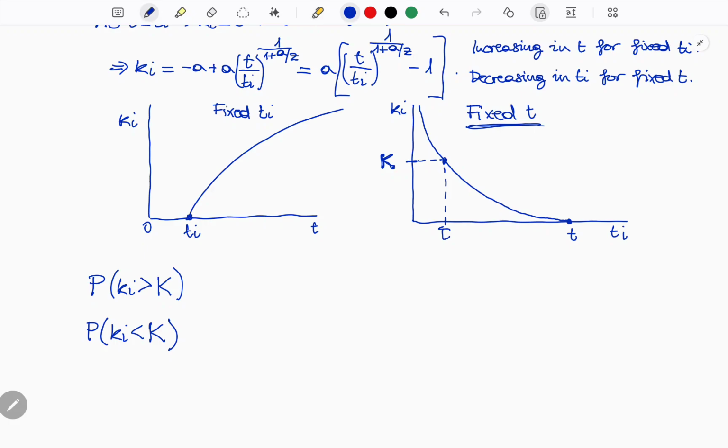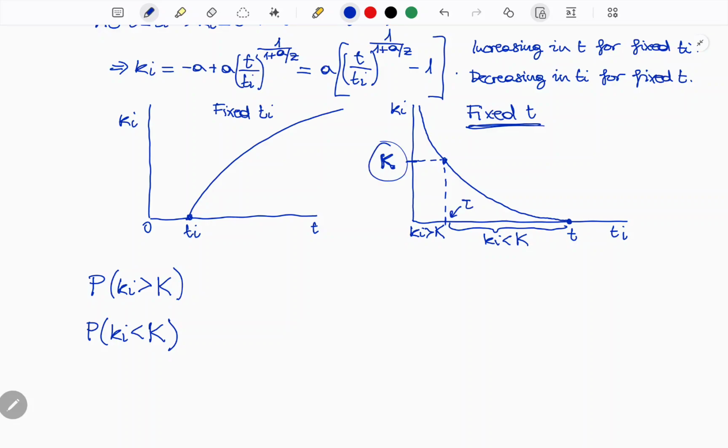So these are the nodes with ki greater than k. We cannot see this very well, I'm going to remove this part. So this is ki greater than capital K, this is tau, and these are the nodes, the portion of nodes where ki is less than capital K.